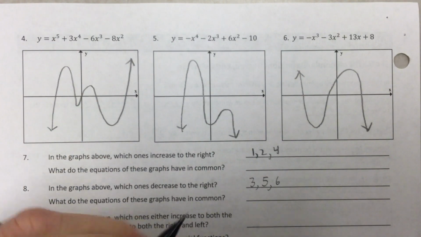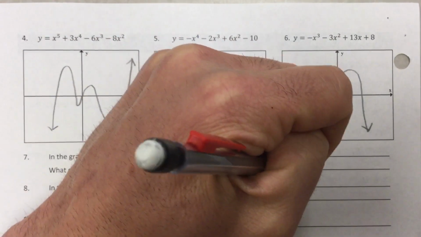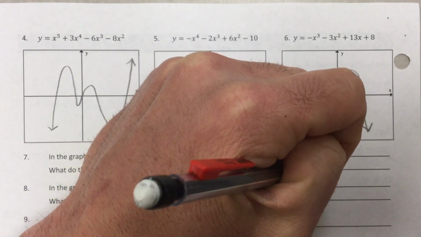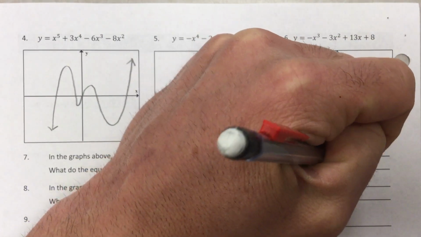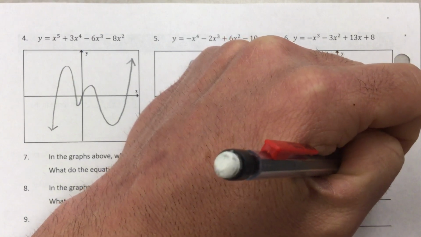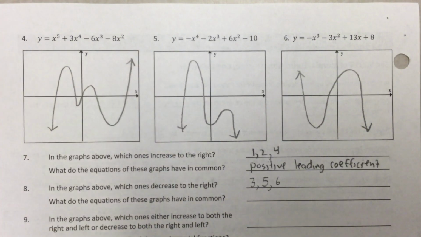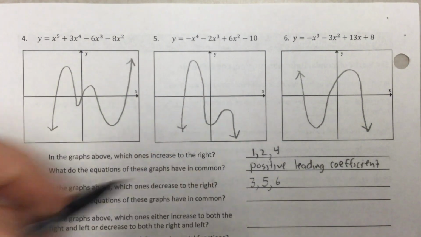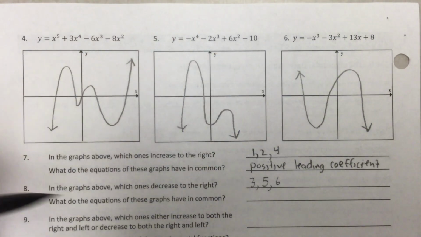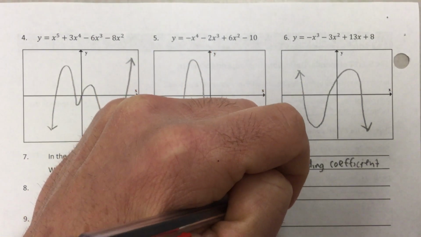So the increasing ones have a positive leading coefficient. Remember, leading coefficient means a number in front of the highest variable. So like here, the highest variable is 4. The number in front of that is a negative. And then 3, 5, and 6, the ones that are decreasing, have a negative leading coefficient.